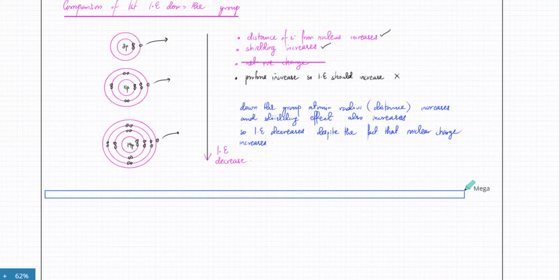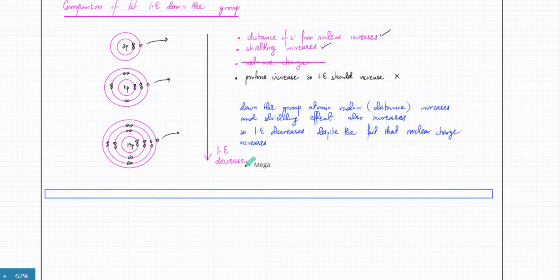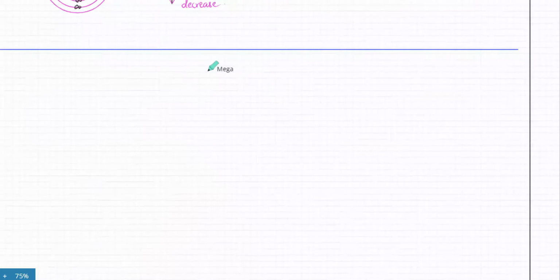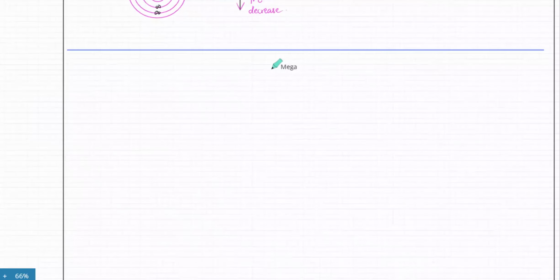What happens when you move across the period? Now, across the period, you've got lots of atoms. So first thing, I'm going to draw across the period.